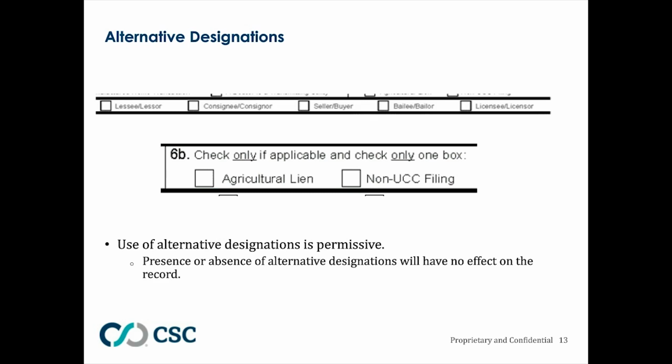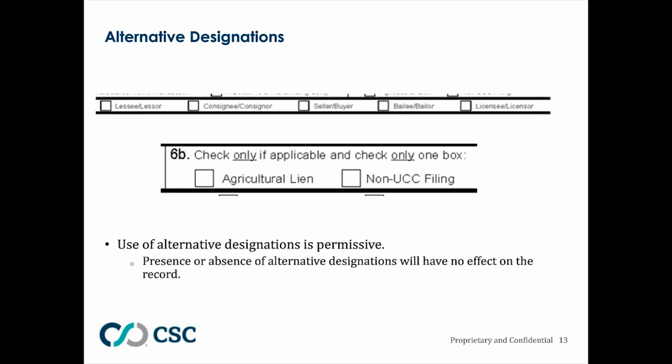Financing statements also allow the filer to make certain types of other, we'll call them alternative designations. These are indications that are provided for the benefit of the searcher and indicate, for example, that it's a different type of transaction than a normal security interest or serve some sort of other purpose. The important thing to remember about these is that these alternative designations are entirely optional.